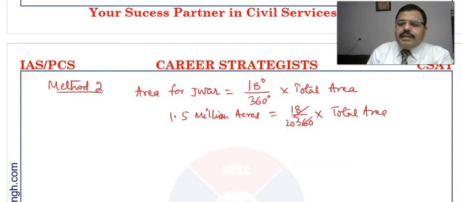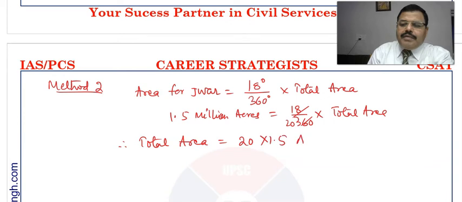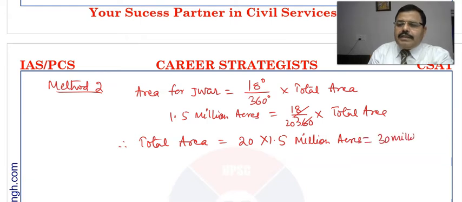Now 20 cancels this, so the total area is equal to 20 multiplied by 1.5, which is 30 million acres, right? So this is million acres, let me write this correctly: 30 million acres, right?